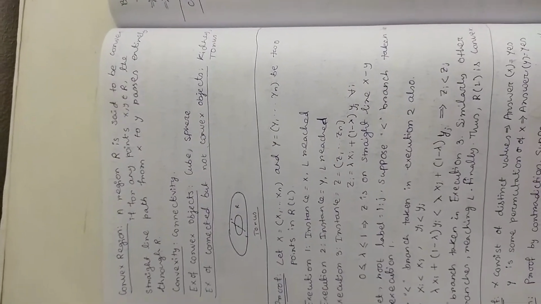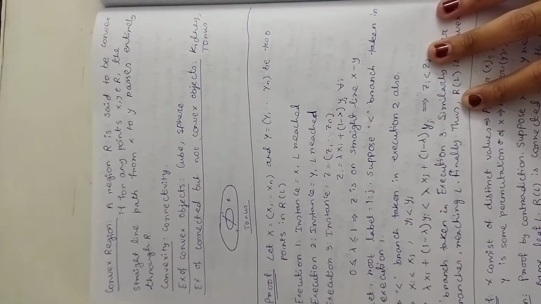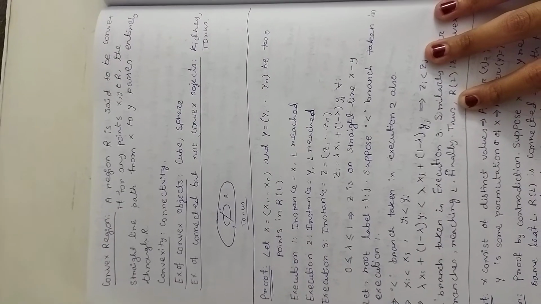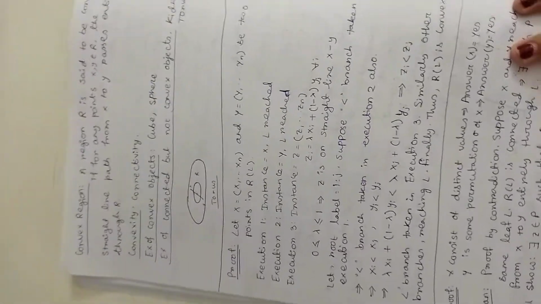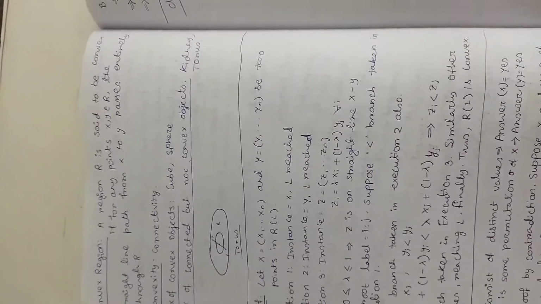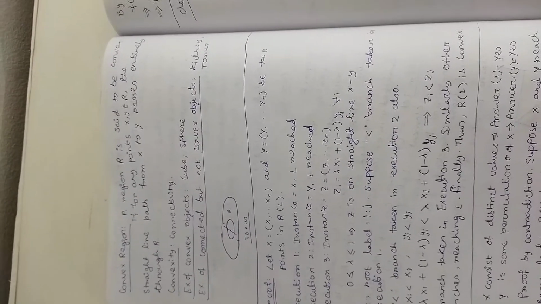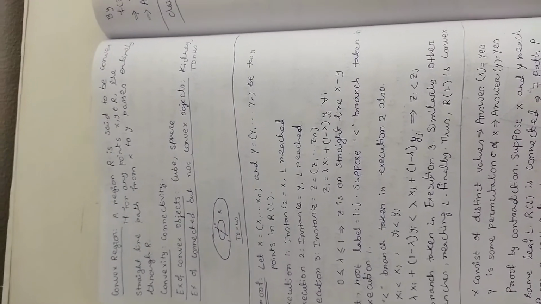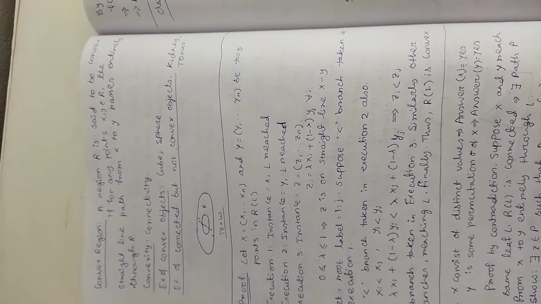For the next, we will find out what a convex region is. A region R is said to be convex if for any points x, y belonging to R, the straight line path from x to y passes entirely through R. So here we are seeing almost the same thing: if x, y are two points which are a subset of R, and the straight line path from x to y passes through R, then we can say that it is a convex region.